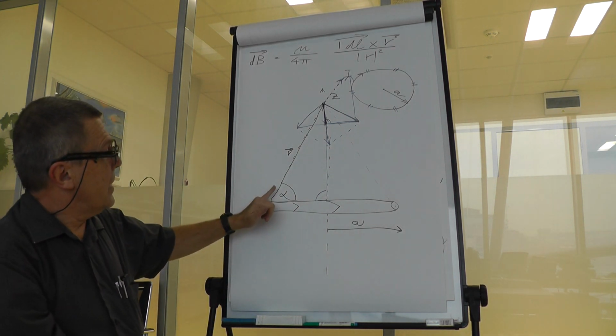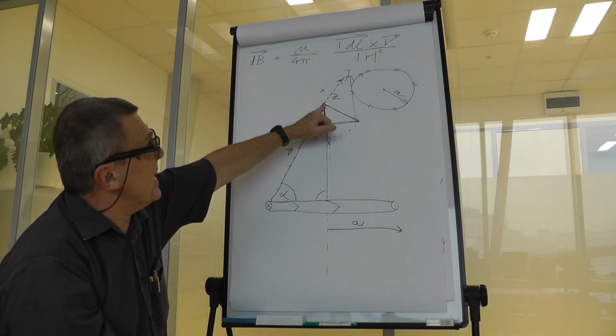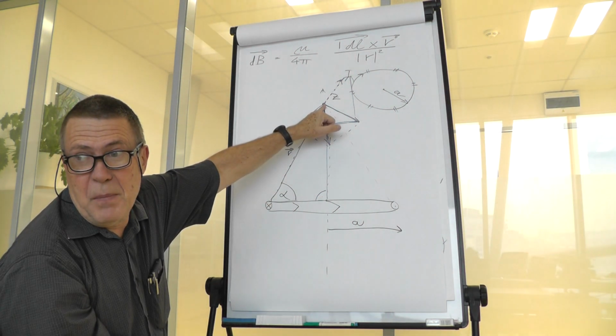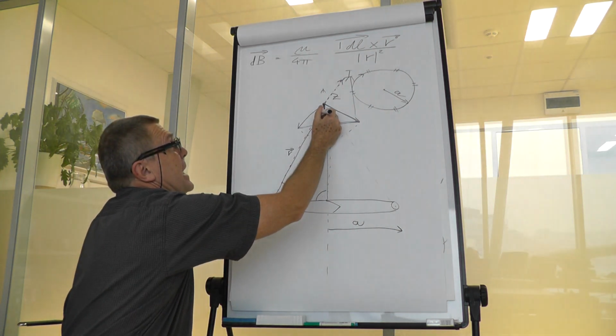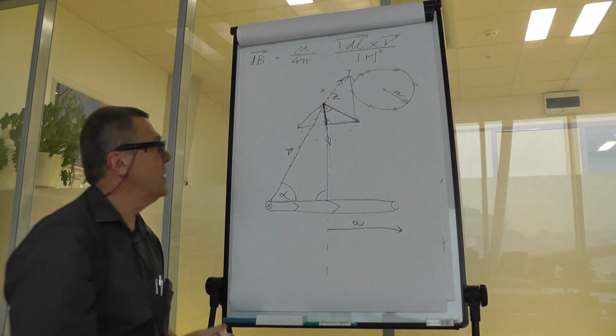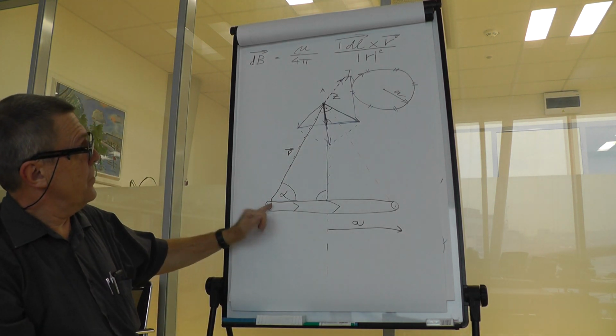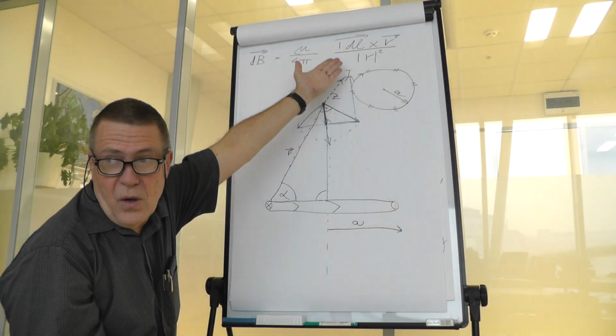Now, this radius vector is perpendicular to the magnetic field created by the element. So we have a right angle over here. This is just by the law of Biot-Savart.